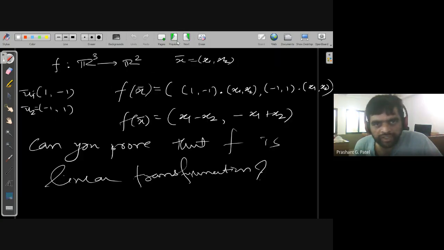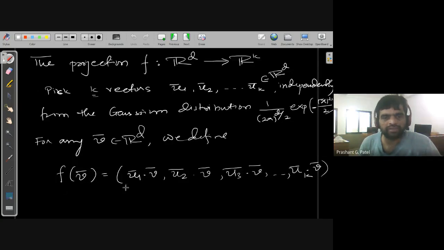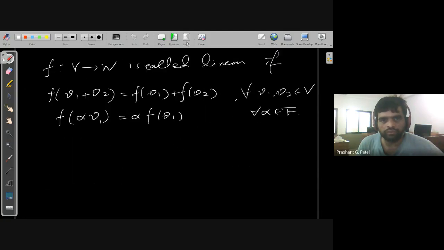So my objective, or I can give you as a task, is to prove that this projection map is a linear map. Can you prove that very easily? Why is it true?